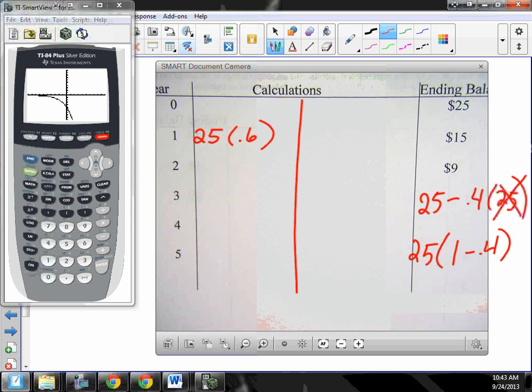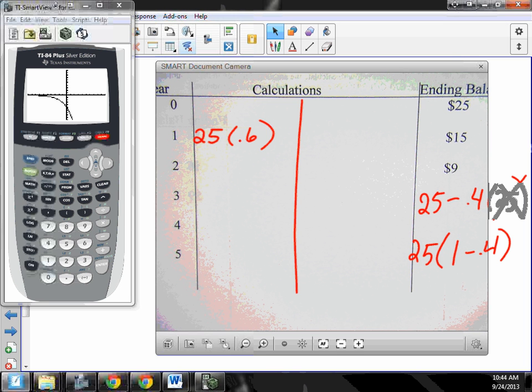Does 0.6 make any sense in the story? Can anybody make sense of 60%? Why does 60% make sense? Good. So let's say I were to stack up my money.